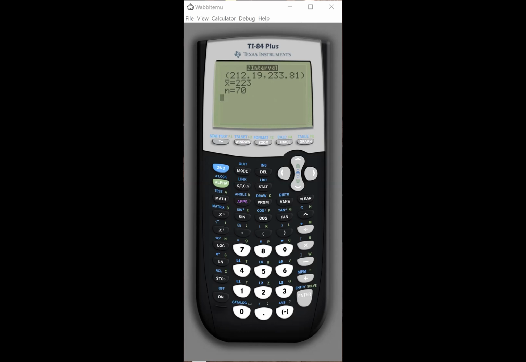All right, 42. So let's go to 42. Let's do the margin of error.